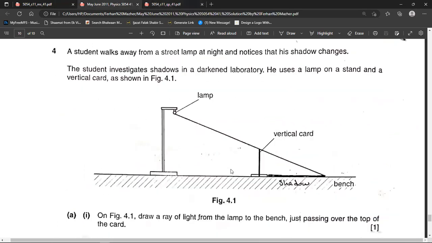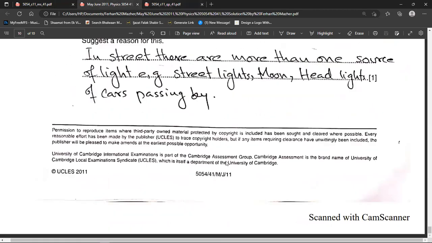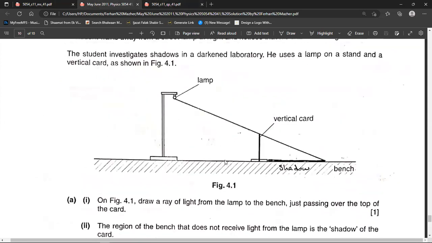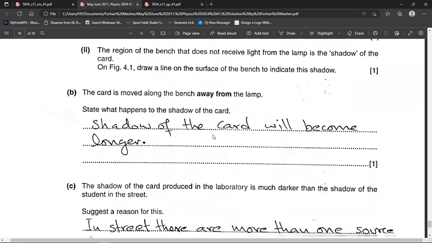That's the question. You can do it actually. Move this here or here, let's say, at the same height. So what will happen with the shadow?